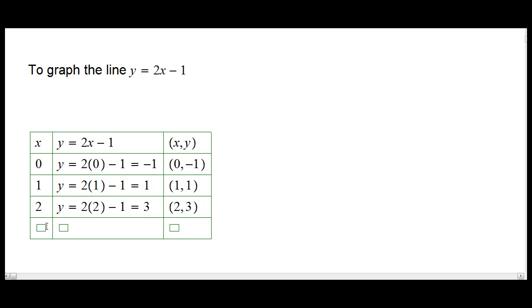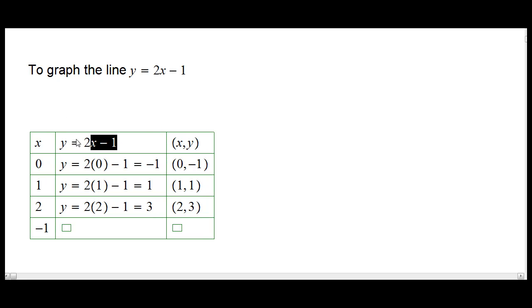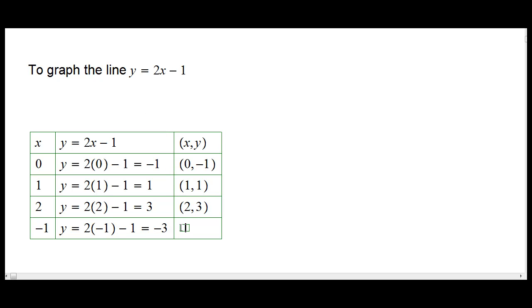We just looked at only the positive values. Let's take a negative value as input for x. When we do that, 2 times -1 will be -2, and that added to -1 will give us -3, and here we are, we got (-1, -3).